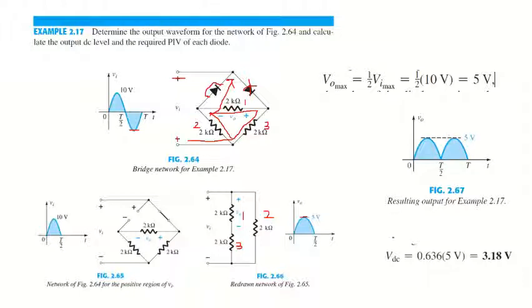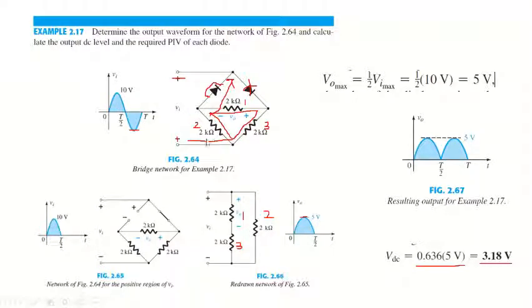So the average DC value is 0.636 into 5 volts, which is equal to 3.18 volts. So from this slide, now you have a clear understanding of full wave rectification: when you want to double the potential or voltage of half wave rectification, you will need a bridge network or center tap network, in which you will get a positive lobe for both the cycles.